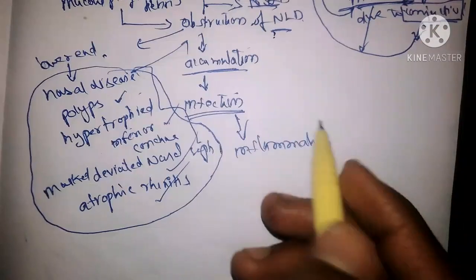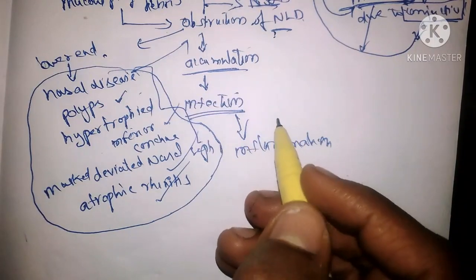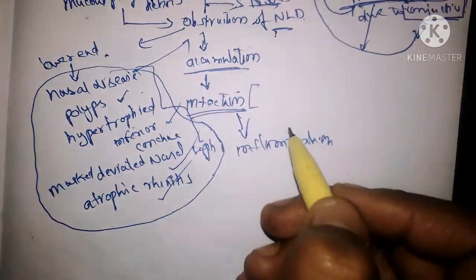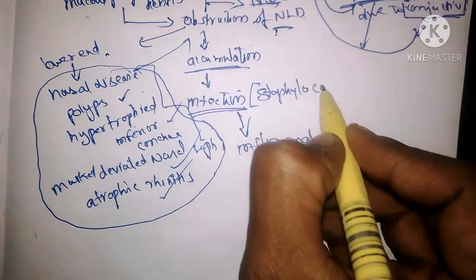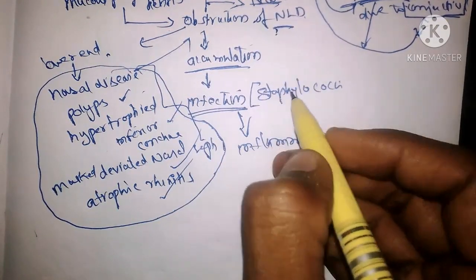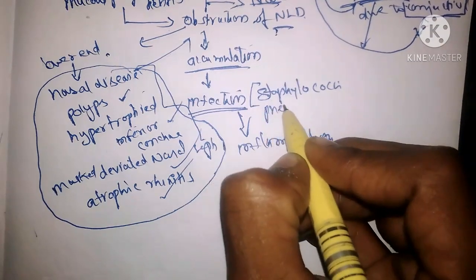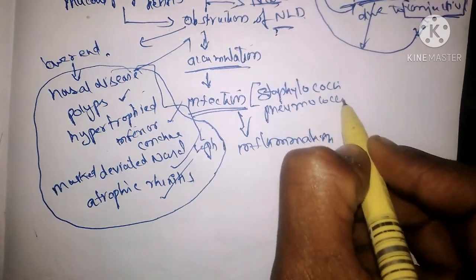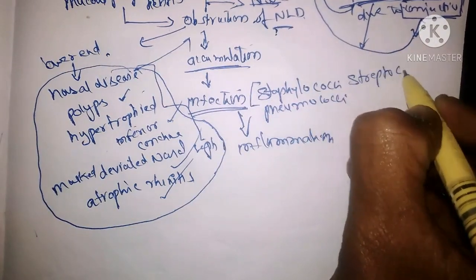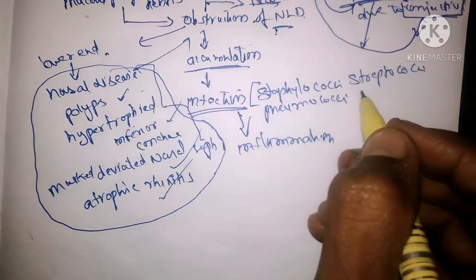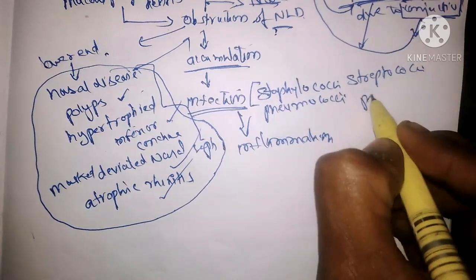So what are the common infections that we see here? The common infections are Staphylococci, pneumococci, streptococci, and Pseudomonas.